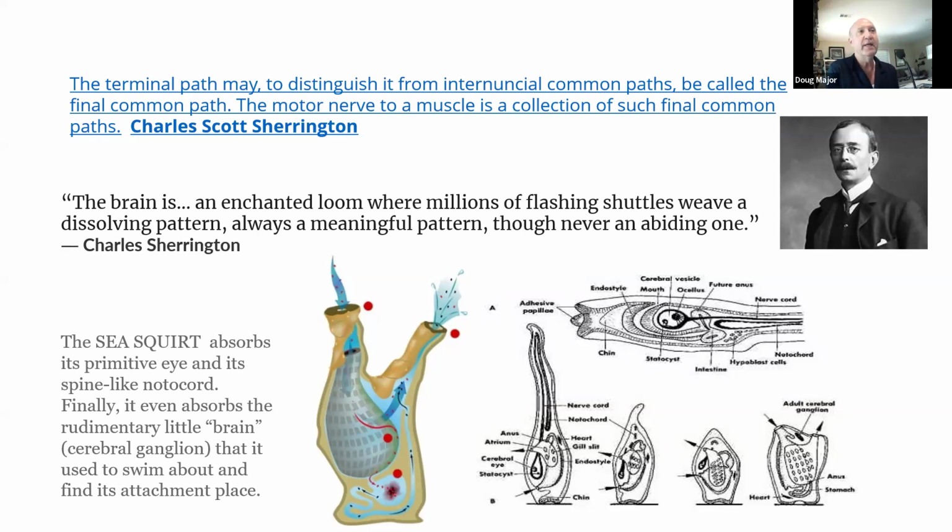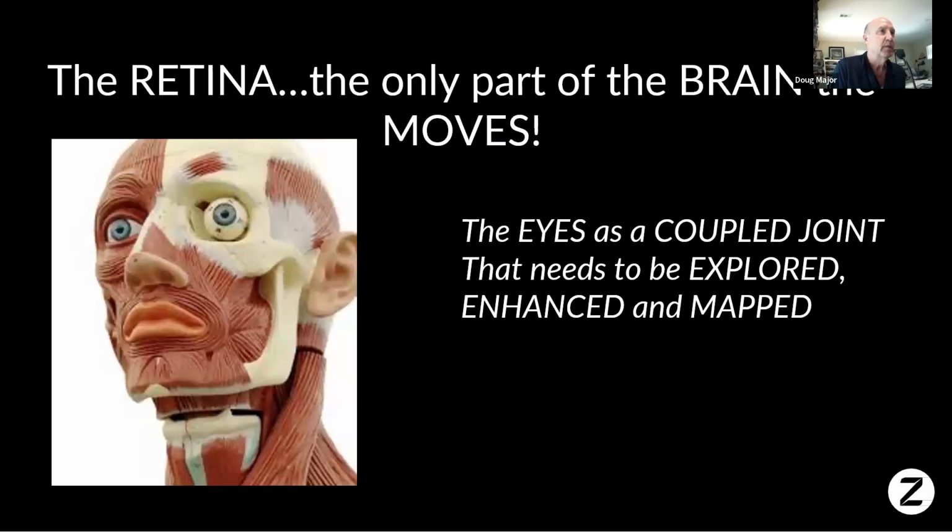The brain is this enchanted loom where millions of flashing shuttles weave a dissolving pattern, always a meaningful pattern, but never an abiding one. Again, eloquently stated. And of course, the example of the sea squirt: it uses its brain to locate a place to sit and then absorbs that brain. And we are working with the retina, the only part of the brain that can move.